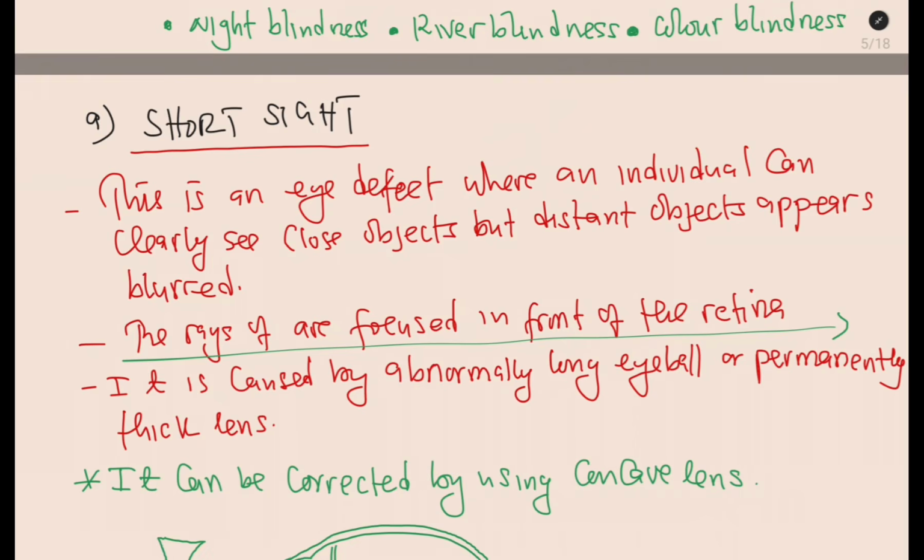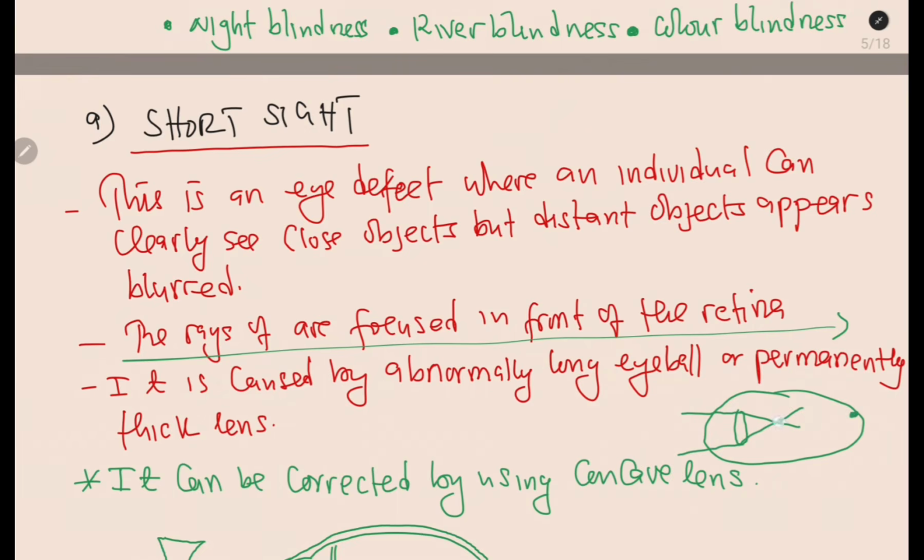It is caused by an abnormally long eyeball or a permanently thick lens. You might find a question where you're asked, what is the cause of short sight? So you have an abnormally long eyeball. Which means the rays of light are bent by the lens in front of the retina.